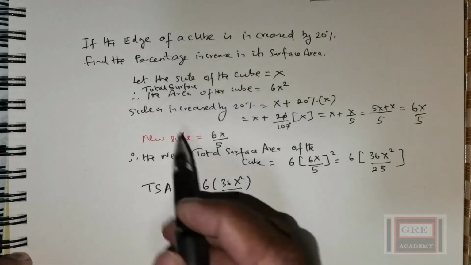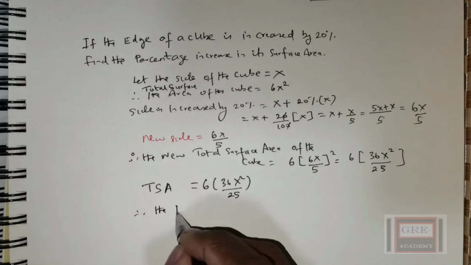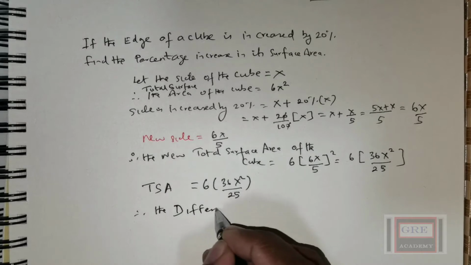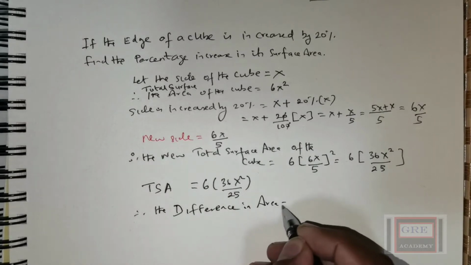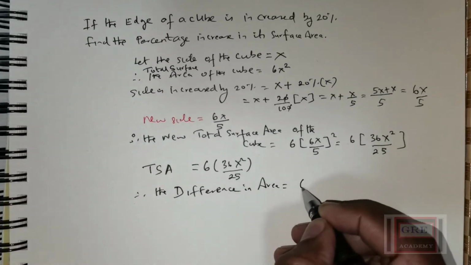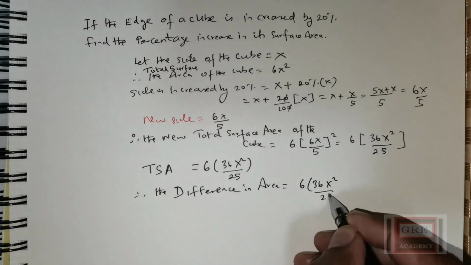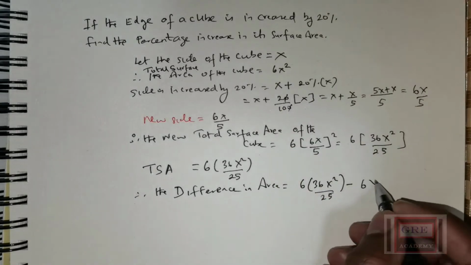Now we are asked to find the percentage increase in the surface area. So for that we need to find the difference first. So the difference in area is equal to 6 times 36x squared divided by 25, minus, we have to subtract 6x squared.